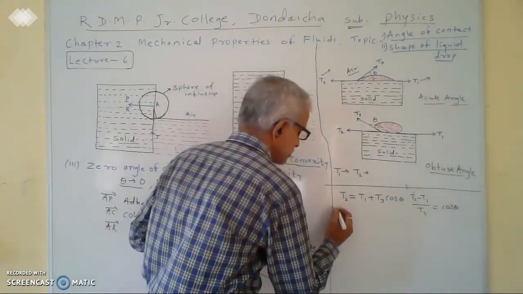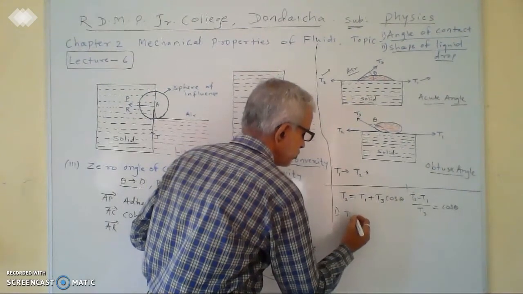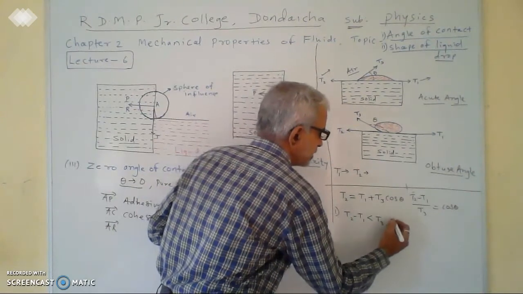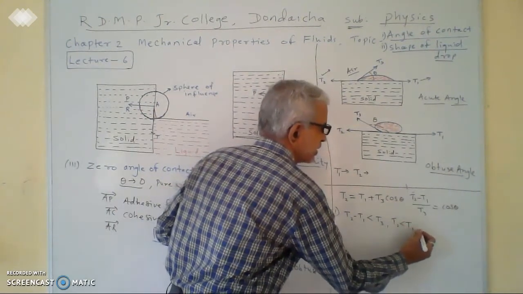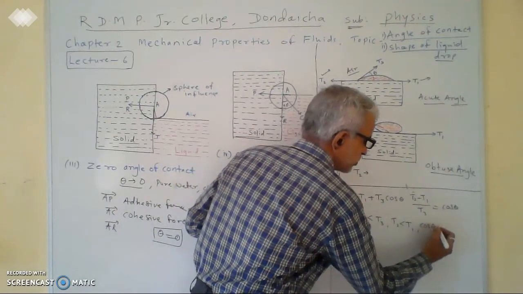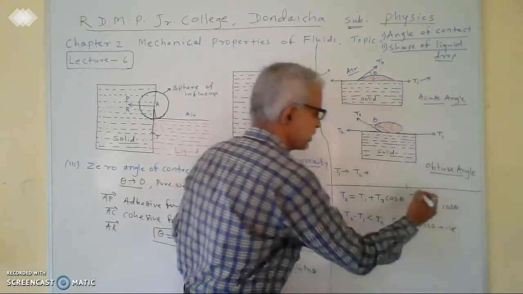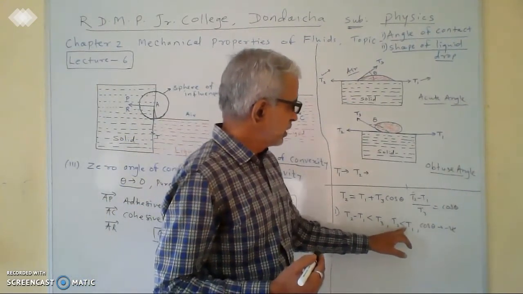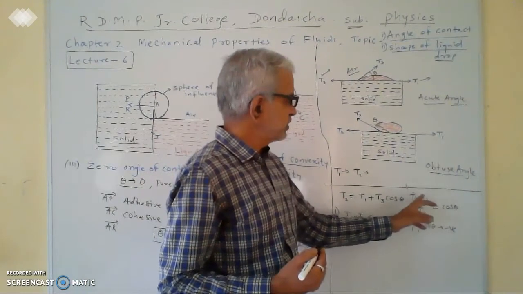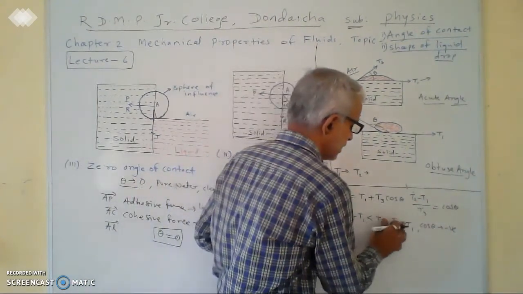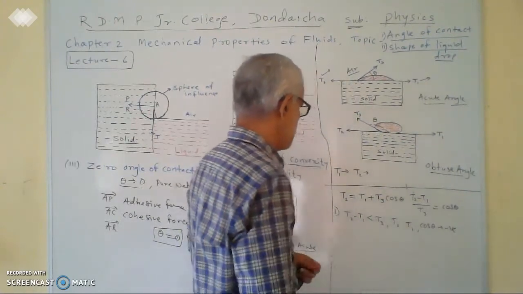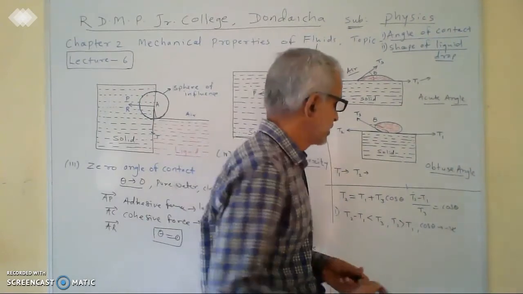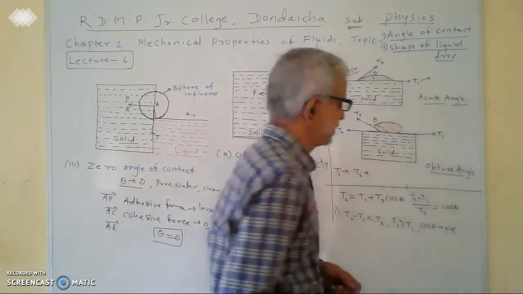Now first case, when T2 minus T1 is less than T3 and T2 is greater than T1, in this case the value of cos theta is positive. म्हणजे इक्वेशन बघा तुम्ही, T2 minus T1 less than T3 असेल आणि T2 ची किंमत T1 पेक्षा जर जास्त असेल, when T2 is greater than T1, then this value of cos theta is positive.